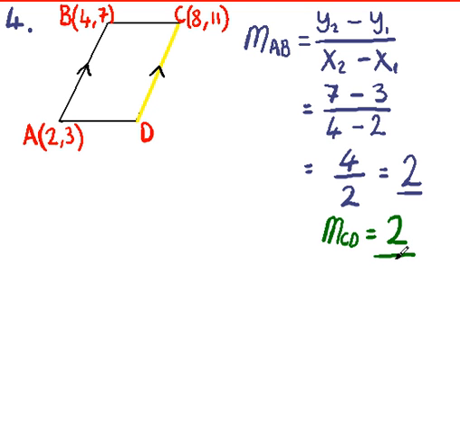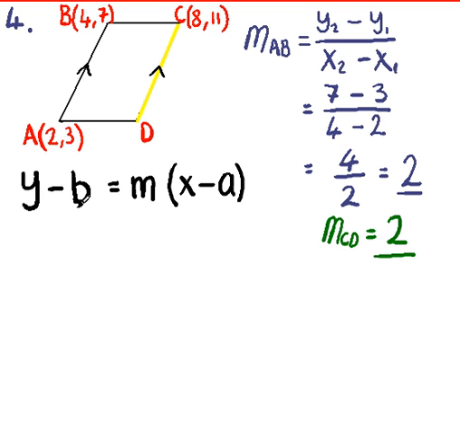We now have enough information to work out the equation of this straight line. We have the gradient and we have a point on the line, so we use the formula for the equation of a straight line: y minus b equals m times (x minus a).